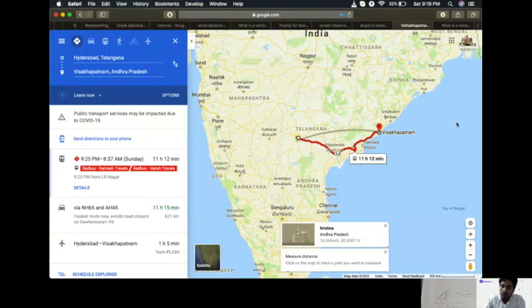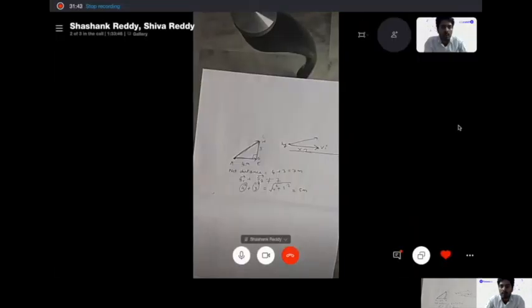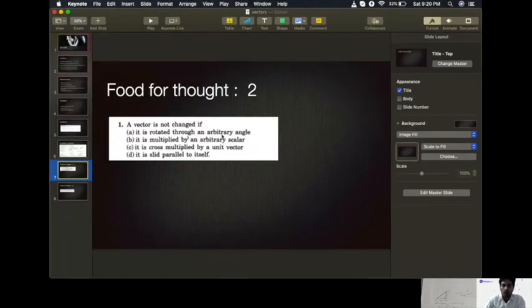Because this would be going to somewhere in the sea, right? This was close to 400 kilometers. If I multiply it by 2, it would be a vector pointing till here. That means it's no longer the same displacement vector between Hyderabad and Vishakhapatnam. It's going to be pointing to some other location in the sea, right? So that would also change the vector.